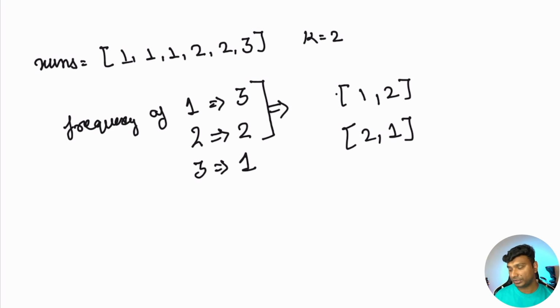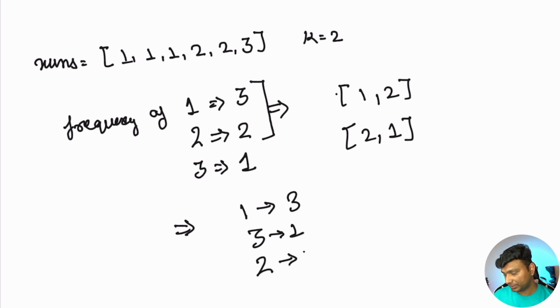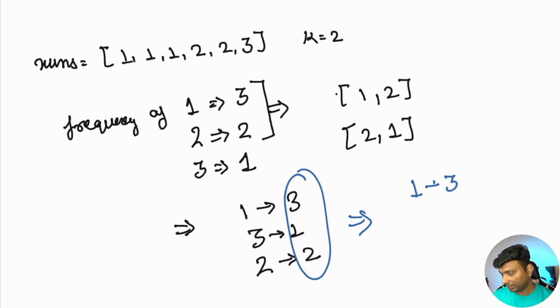To solve this, we can create a frequency map: 1 has frequency 3, 3 has frequency 1, and 2 has frequency 2. This is the frequency map, and what you can do is sort based on the frequency. After sorting, it will become 1 with frequency 3, then 2 with frequency 2, and then 3 with frequency 1.